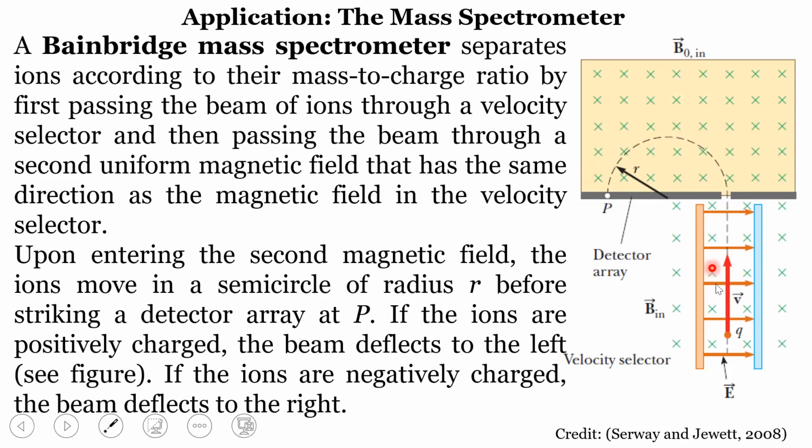So when a charged particle enters through this opening, the path turns into a circular one. It travels in a circular motion in the field, having a certain radius r. So let's continue.